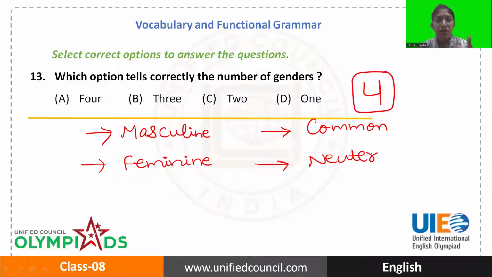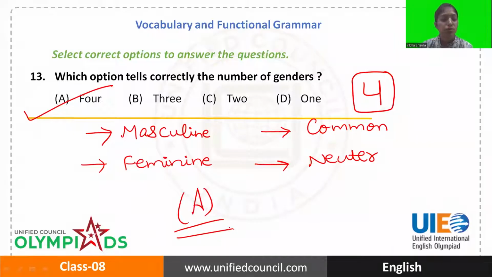Masculine gender represents male. Feminine gender represents female. Common gender represents both, it can be used for both male and female, like student, teacher, doctor. Then we have the fourth one, neuter gender, that is for non-living things, basically, right? So 4 genders are there. It is option A.